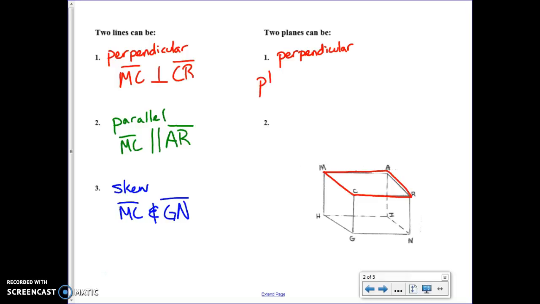So I'm going to call this plane MCR. You could have used A in there instead if you wanted. Is perpendicular, so top of the box, let's say it's perpendicular to the front of the box. Again, you can pick a different one if you want. So I'll say plane, and I need to pick 3 points, so CGN.